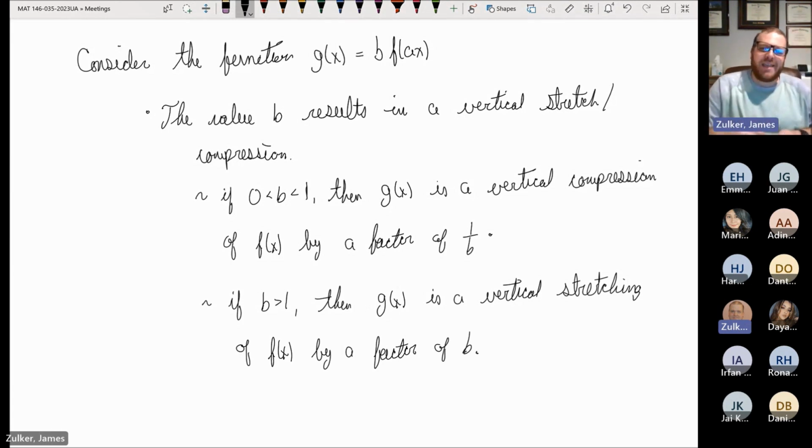If b is larger than 1, then it is a vertical stretching by a factor of b.